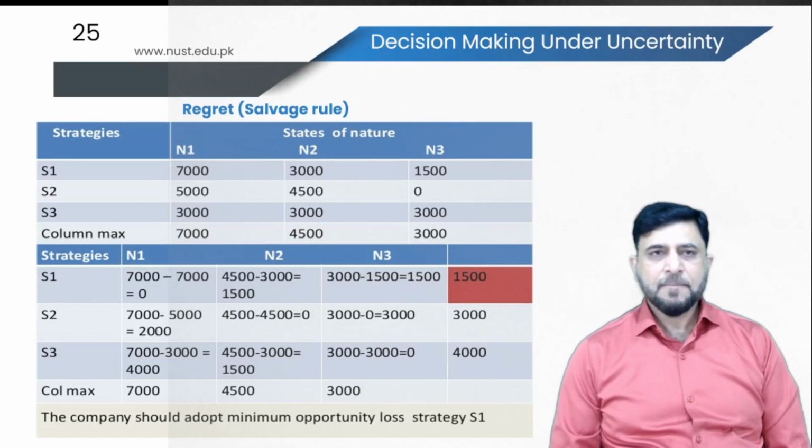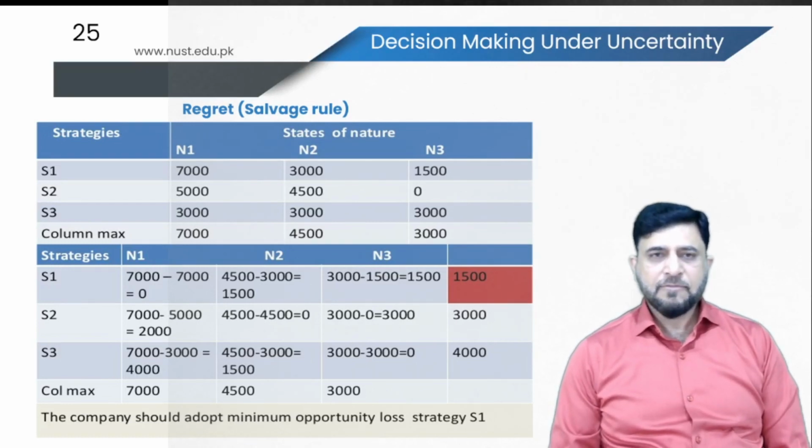Take the same example. We again have 3 states of nature and strategies. What was the best, the highest value in the first column? We have 7,000. Then we subtract all the values from this highest value. For strategy S1, we found for N1 0, for N2 1500, because the best column value is 4500, and for N3 the best column value was 3000.